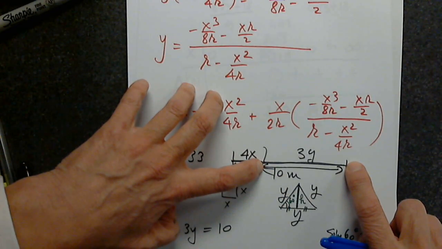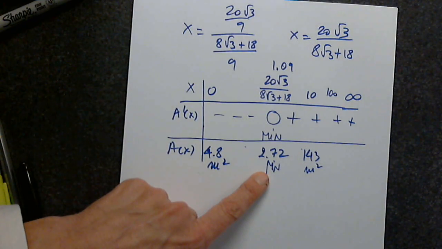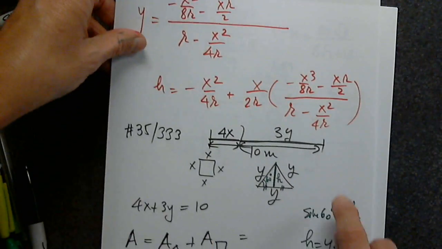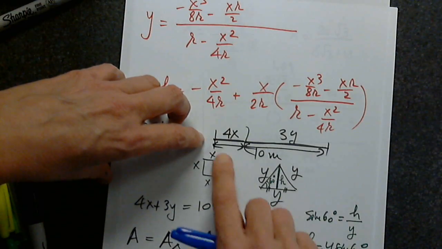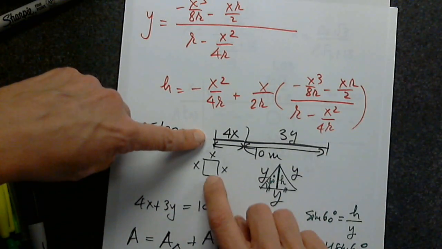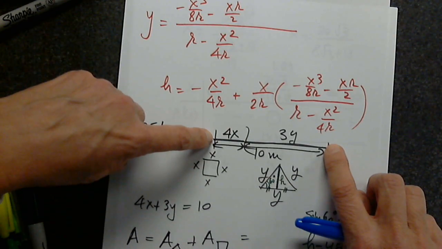That will create a minimum area. Yes, I'm more with the 10. Yeah, the 143 meters. Right, so wouldn't it just be 10, if I use the square, so I divide 10 by 4, 2.5.